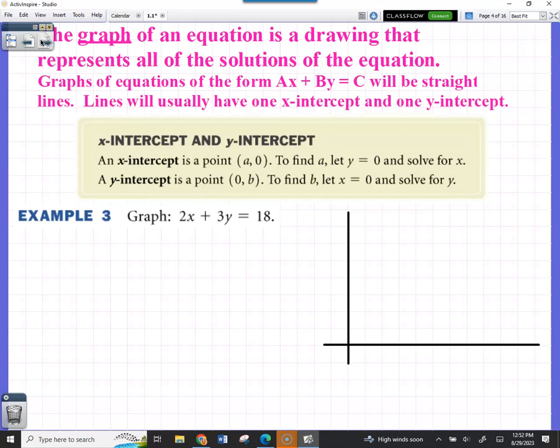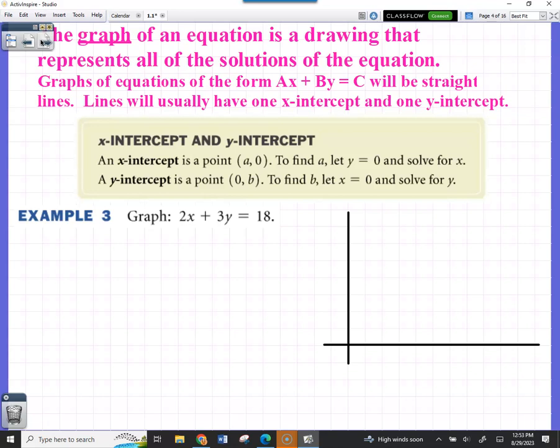If we're talking about the x-intercept, what value from the coordinate point is naturally given if we're on the x-axis? We're given 0 for the y coordinate. We're finding the x. So it's very intuitive. If you're finding the x-intercept, you're looking for what number x is when y is 0. If you're finding the y-intercept, you're looking for what number y is when x is 0.